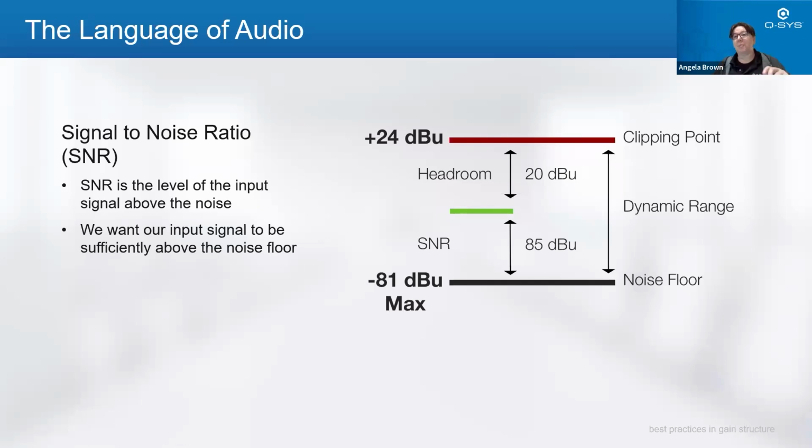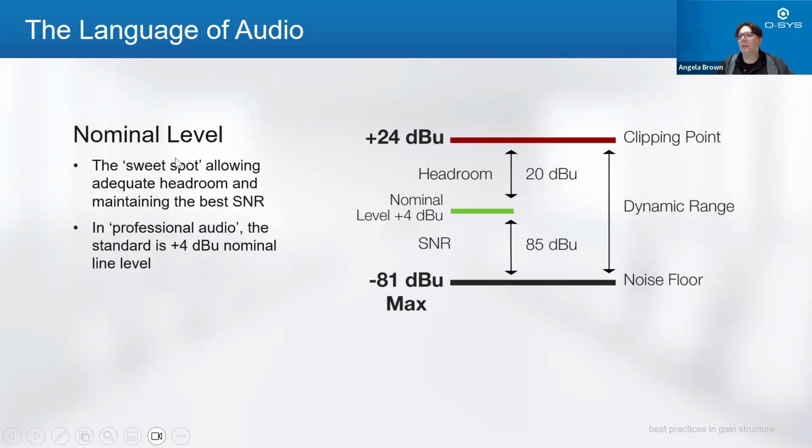Where we start getting into trouble with these sorts of systems is when our signal to noise ratio and our headroom go this way instead of being lined up. Then we have what we call nominal level. I just called it sort of the average level. A lot of people call it the sweet spot between your clipping point and your noise floor, where you have enough headroom, and your signal to noise ratio is where you want it to be.